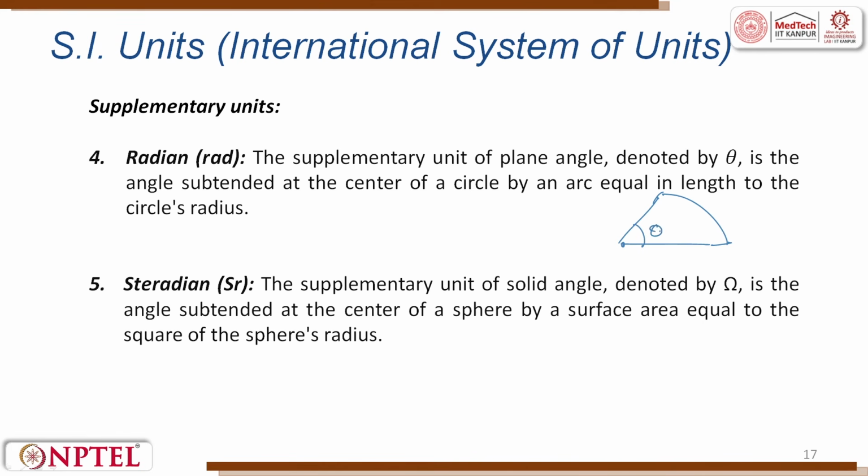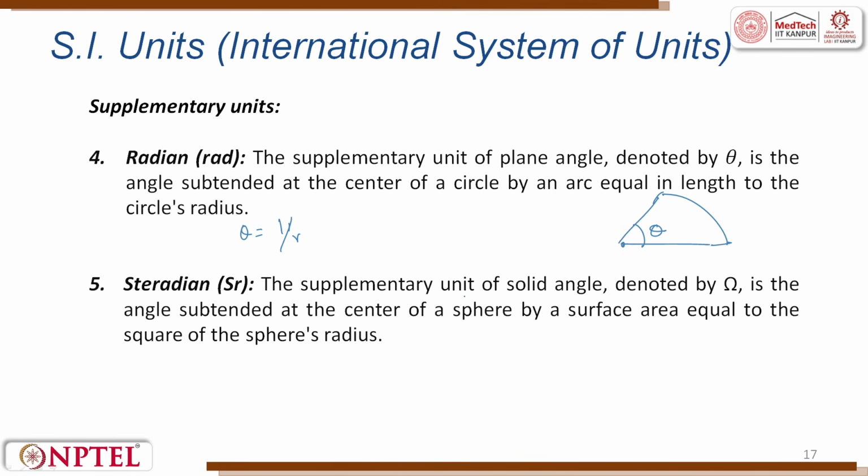The supplementary unit of a plane angle denoted by theta is the angle subtended at the center of the circle by an arc equal in length to the circle radius. So, you have a circle, right, this is theta. So, we represent this as theta equal to L by R, where L is the length and R is the radius.